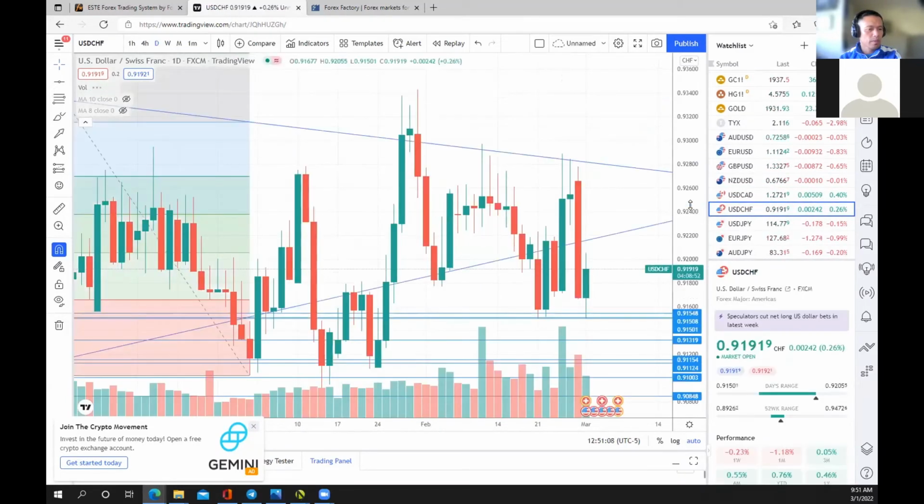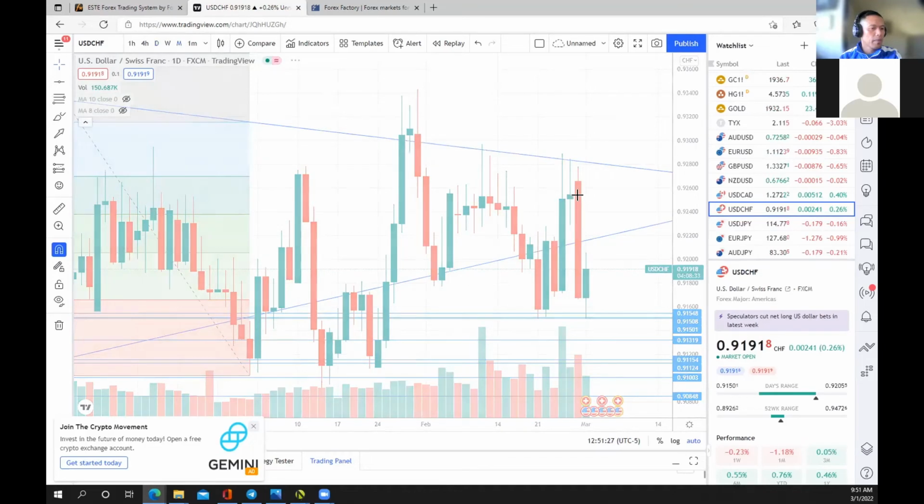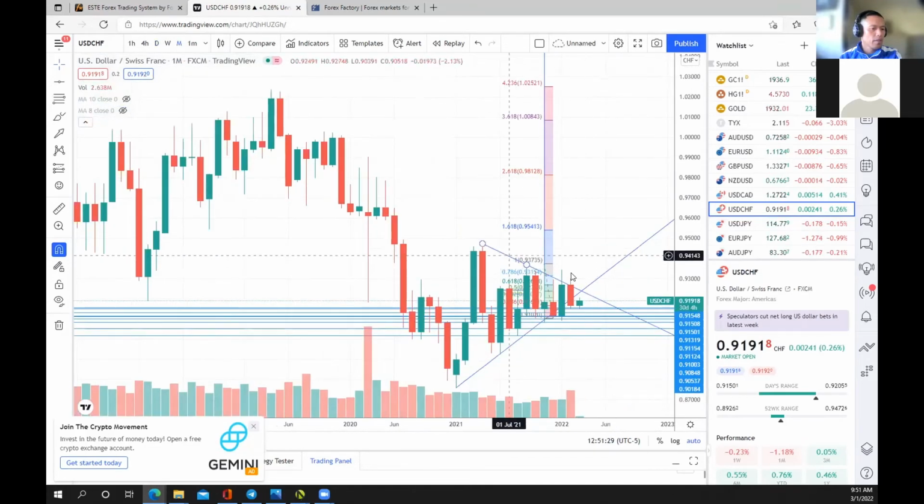Dollar Swiss. Dollar Swiss is also bullish after yesterday's move because of gold. At the same time, also very powerful. That's why, like the dollar CAD and dollar Swiss, there's a neutrality between forces of commodities. Okay, and then monthly, on the other hand, you have a lower high, you have a dark cloud cover.